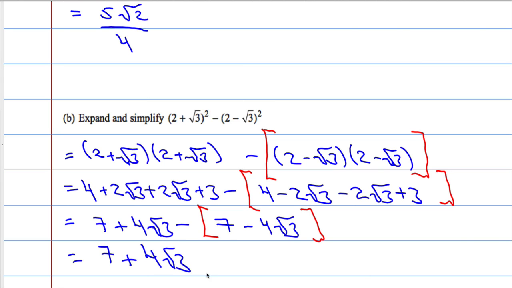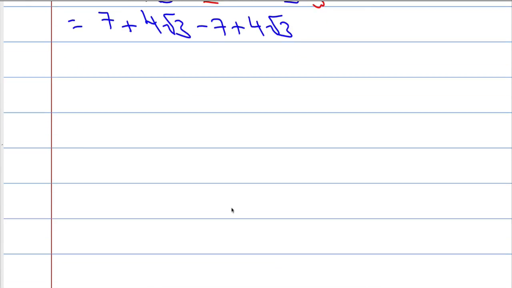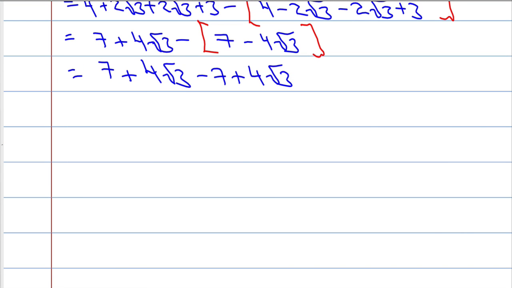So that's minus 7. And then minus and a minus is plus. Minus 4 root 3 is plus 4 root 3. And then last part of the question, 7 minus 7 is 0. And then 4 root 3 plus 4 root 3 is 8 root 3. And that's the question done.